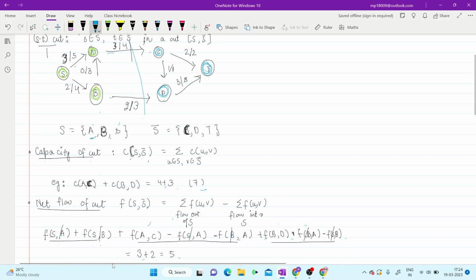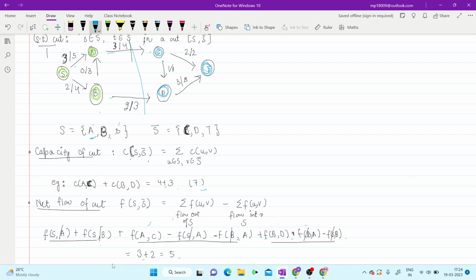And you can also see that when we are computing net flow, some of these flow values are being cancelled. So what flow values are remaining? Only those flow values whose one vertex is in S and the other vertex is in S bar.